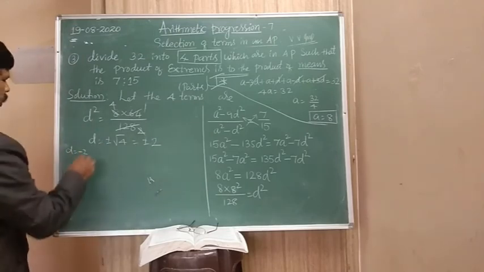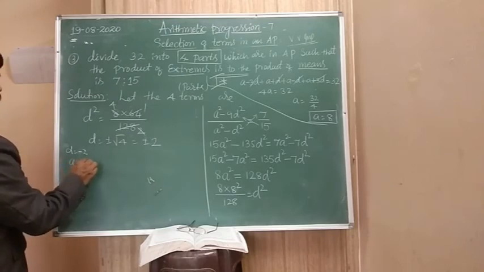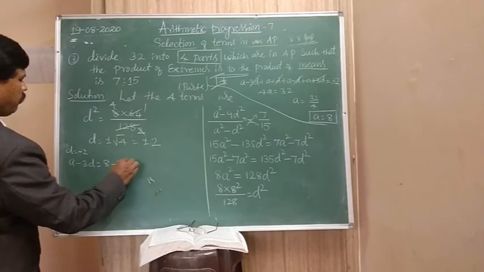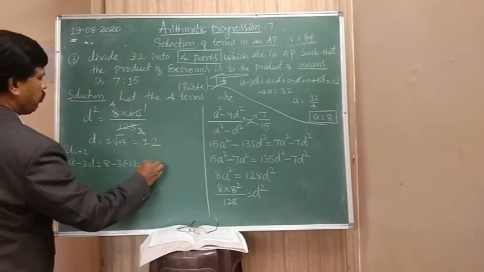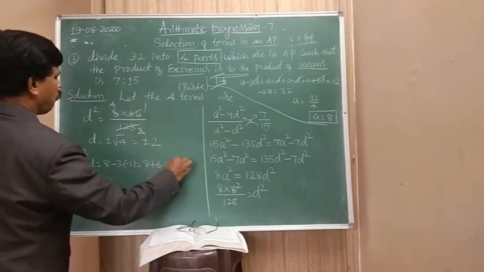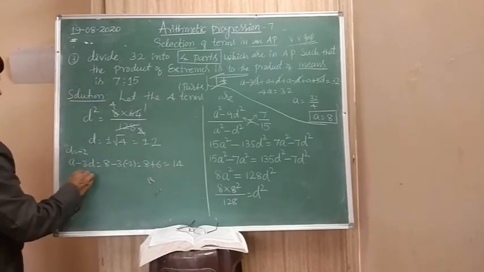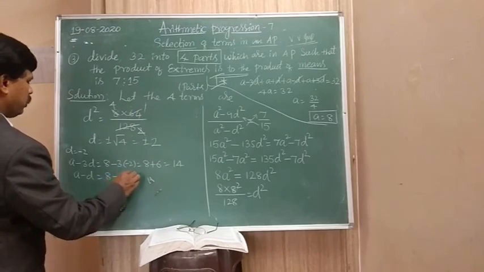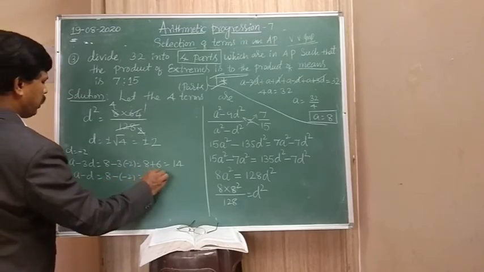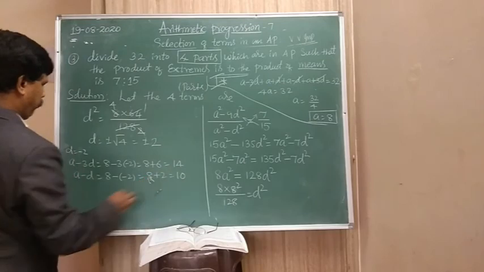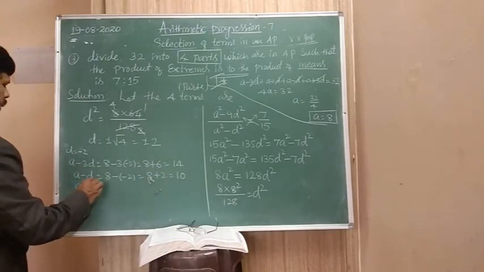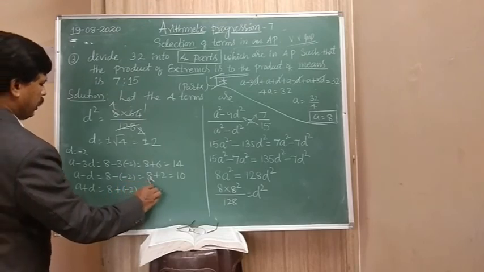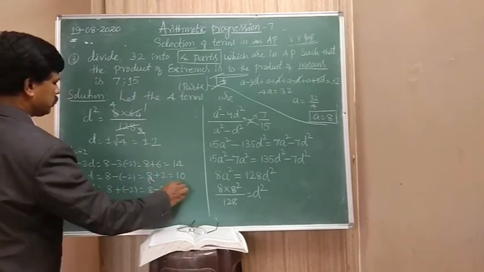Here in this problem you should find the four terms by taking the d value. Now a minus 3d is equal to 8 minus 3 of minus 2, 8 plus 6 is 14. Then a minus d, 8 minus of minus 2, that is 8 plus 2 is 10. Then a plus d, that is 8 plus of minus 2, 8 minus 2 is 6.